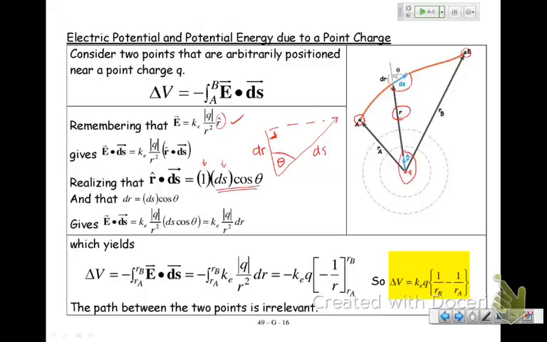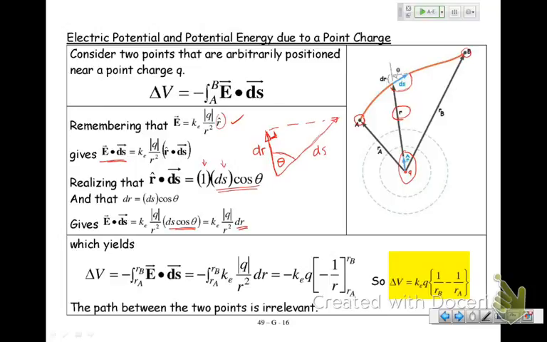So this means E dotted with ds is equal to k_e Q over r squared times 1 times ds cosine theta, which is the same as k_e Q over r squared dr. Oh, okay, that's nice. Because there's dr on my diagram, and there was ds. So I just change this into a radial form.